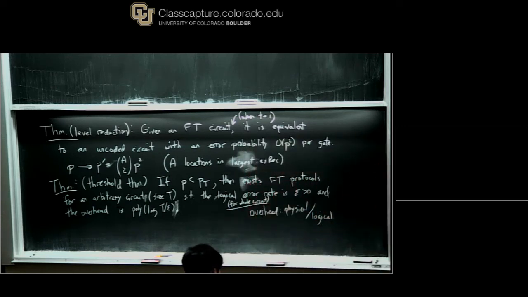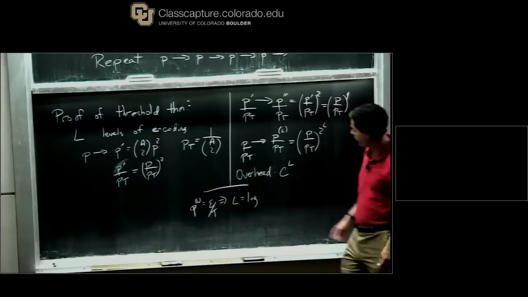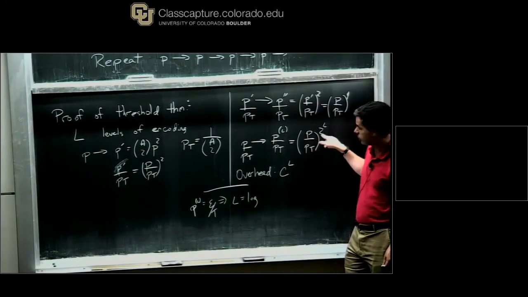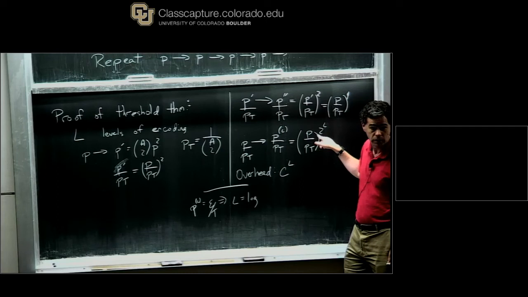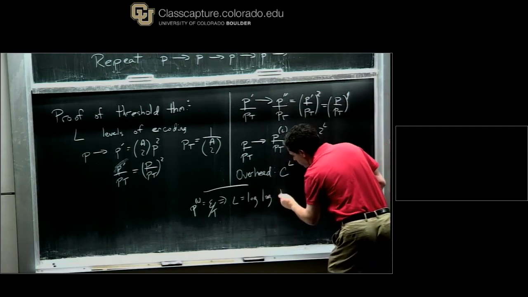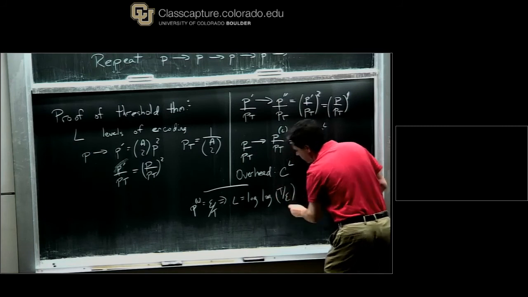So to get an error rate for the whole circuit that's epsilon, we want the error rate per location to be epsilon over t. And this is decreasing when p is less than p sub t. This is decreasing as a double exponential. And so we need L to be like log t over epsilon to get that.